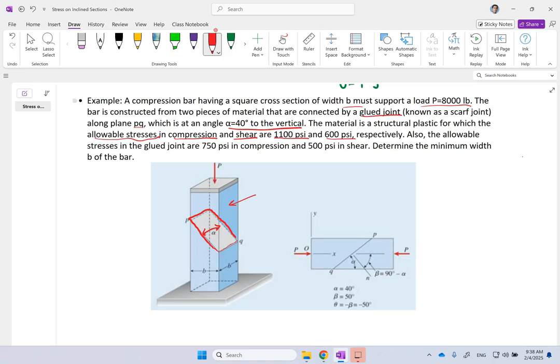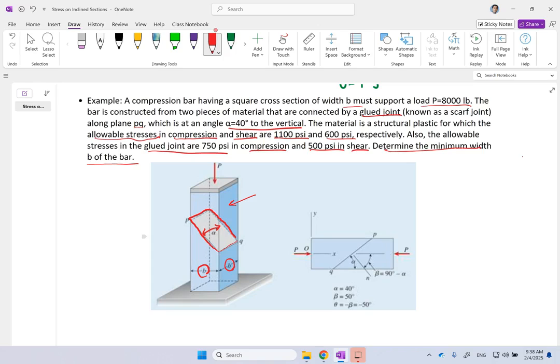Also, the allowable stresses in the glue joint are 750 psi in compression and 500 psi in shear. With everything fixed, the only variable is B. You want to know how wide B must be without any failure. Okay? So this is the problem we are going to solve.